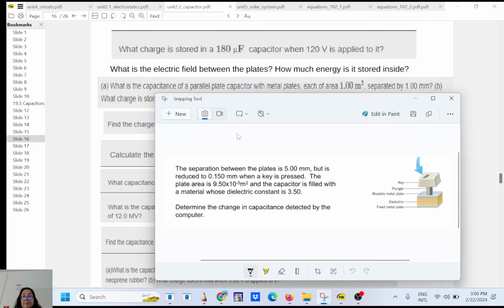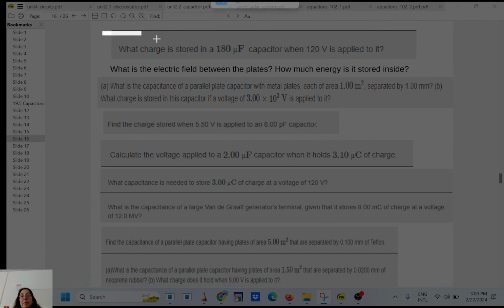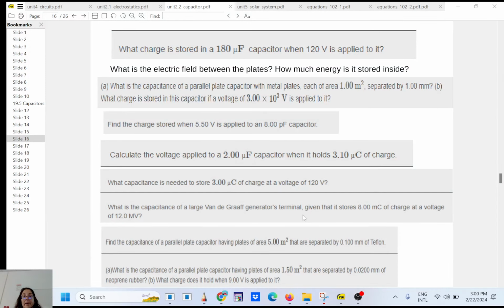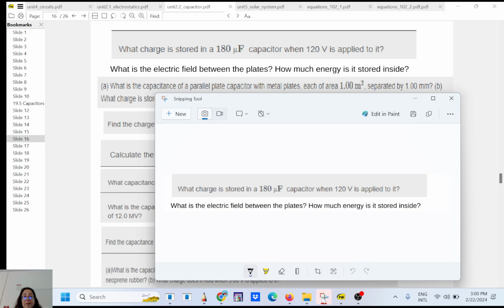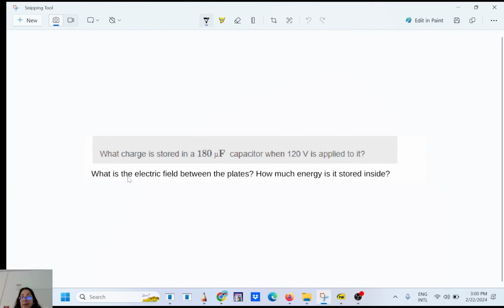Correct. So here you cannot find the electric field because you are missing the distance between the plates.